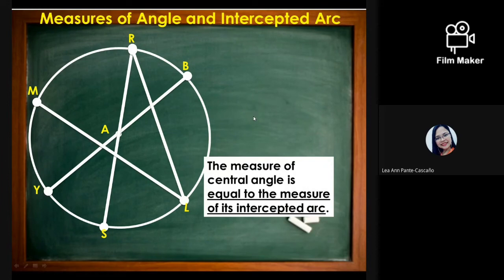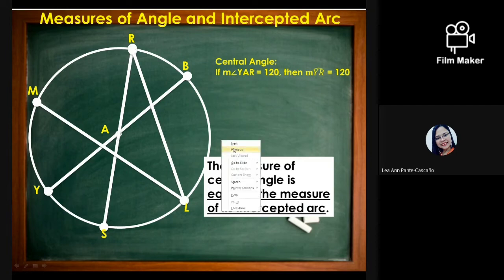Measures of angle and intercepted arc. Now, the measure of central angle is equal to the measure of its intercepted arc. So, kanina in-identify natin yung mga angles. Again, we have the central angle. If we have angle YAR, kung ang measure daw po ng YAR is 120.